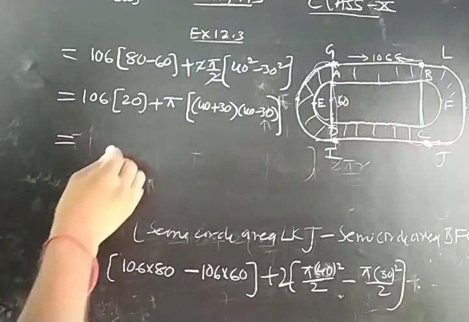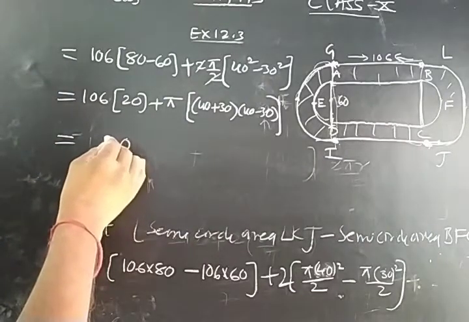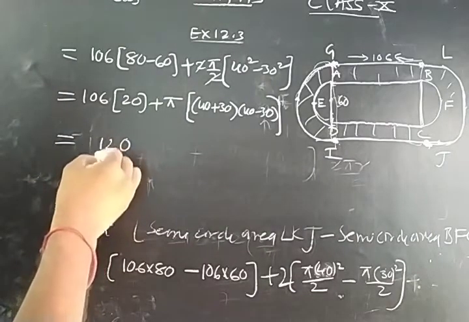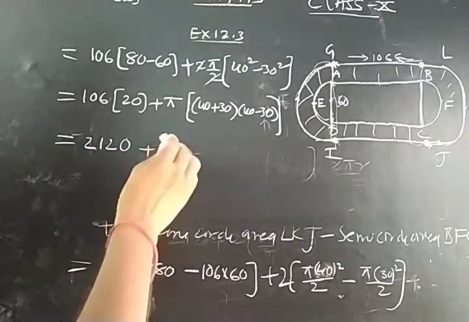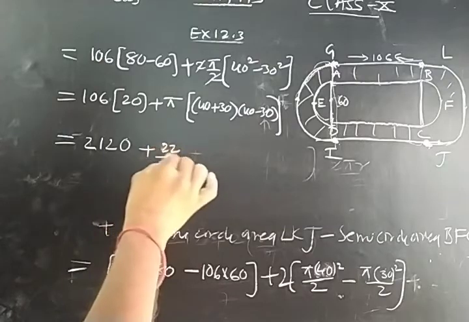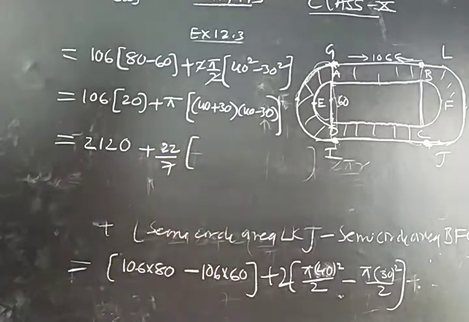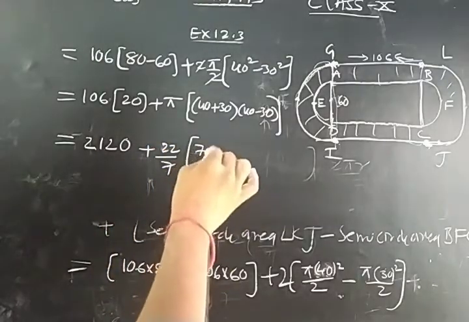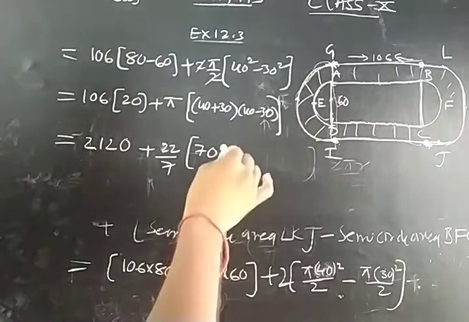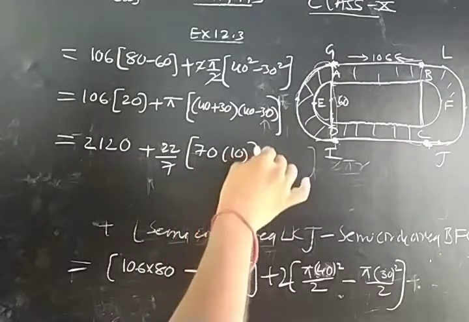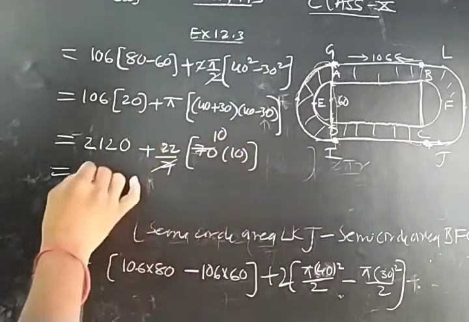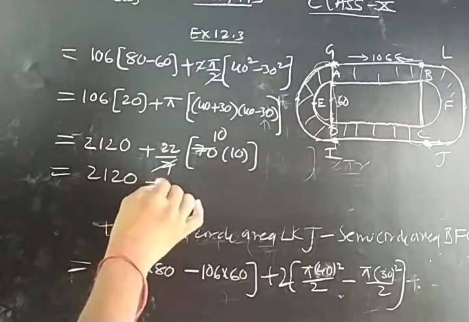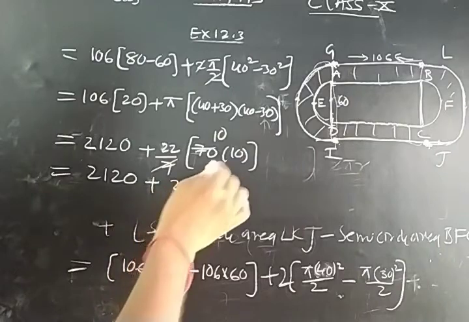Now 106 into 20 is 2120. Plus pi, 22 by 7, into 40 plus 30 is 70, 40 minus 30 is 10. 7 tens are 70, so 22 into 100 is 2200.